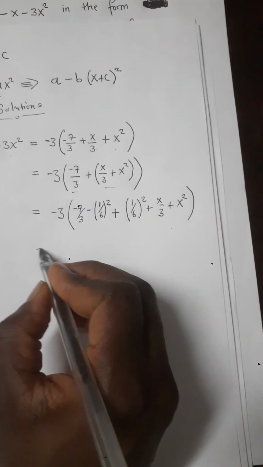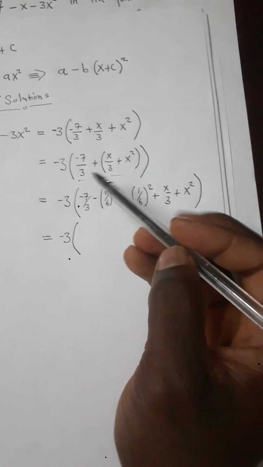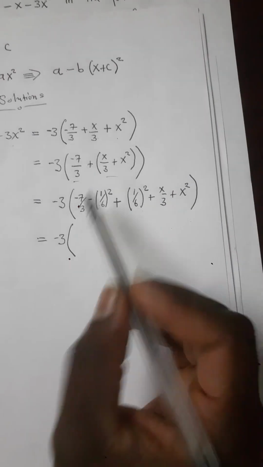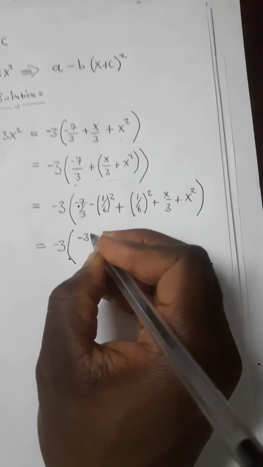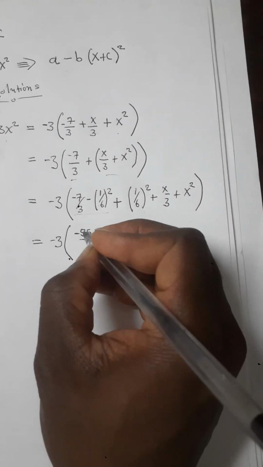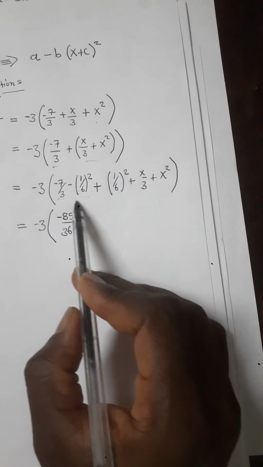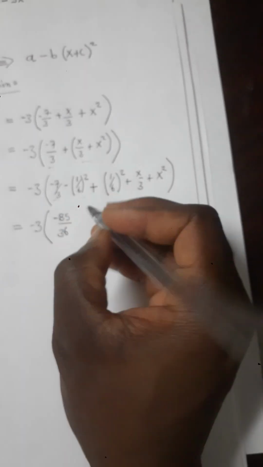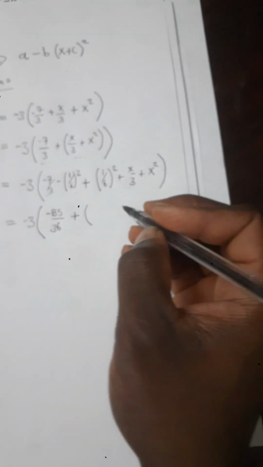Then let me simplify further. So this is minus 3 outside the brackets. When I simplify this, these are like terms, so I'll get minus 35 over, oh my god, 85 over 36. That's that term there. Then plus, open the bracket.